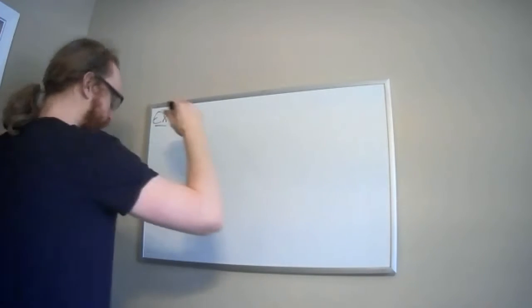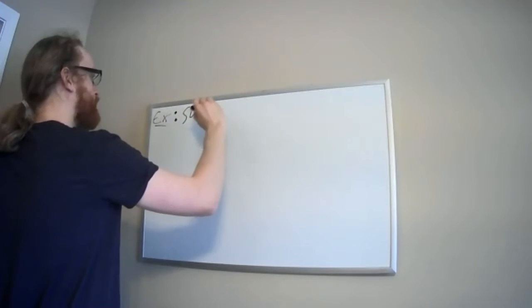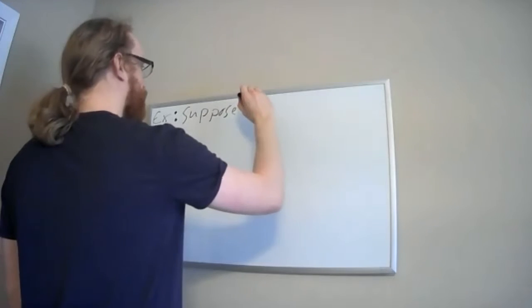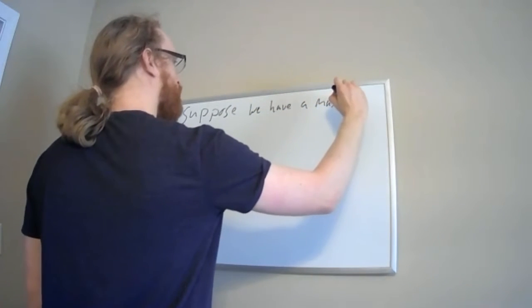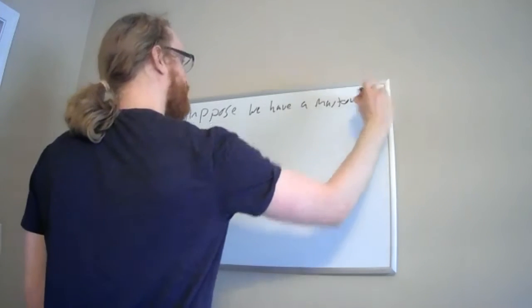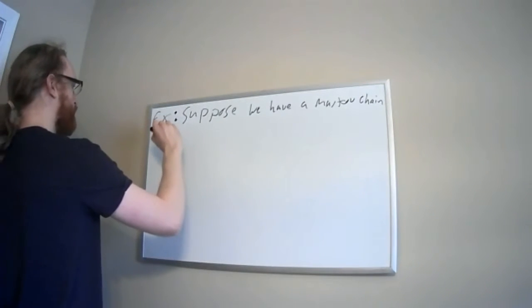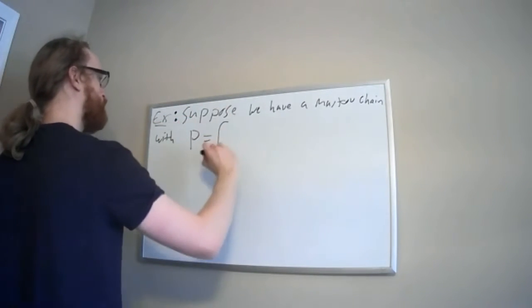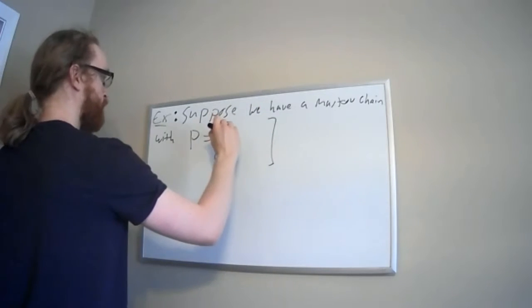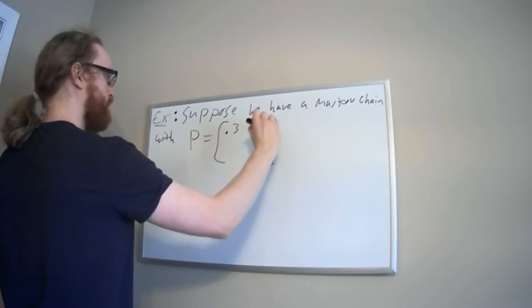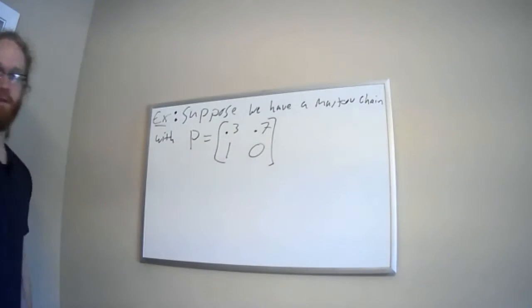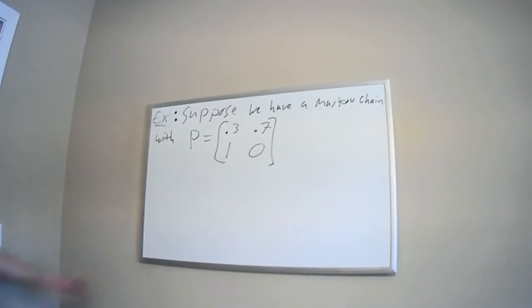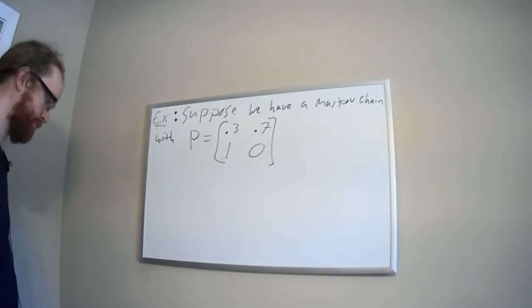I'm just going to say, suppose we have the following Markov chain, and the transition matrix is P equals 0.3, 0.7, then 1, and 0. So let's say I have a Markov chain with this transition matrix.